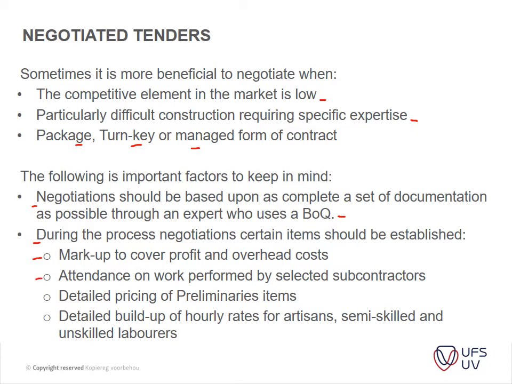Attendance on work performed by selected subcontractors can also be prescribed. Detailed pricing, preliminary items, and the breakdown of that can be asked for from the contractor or the tenderer.